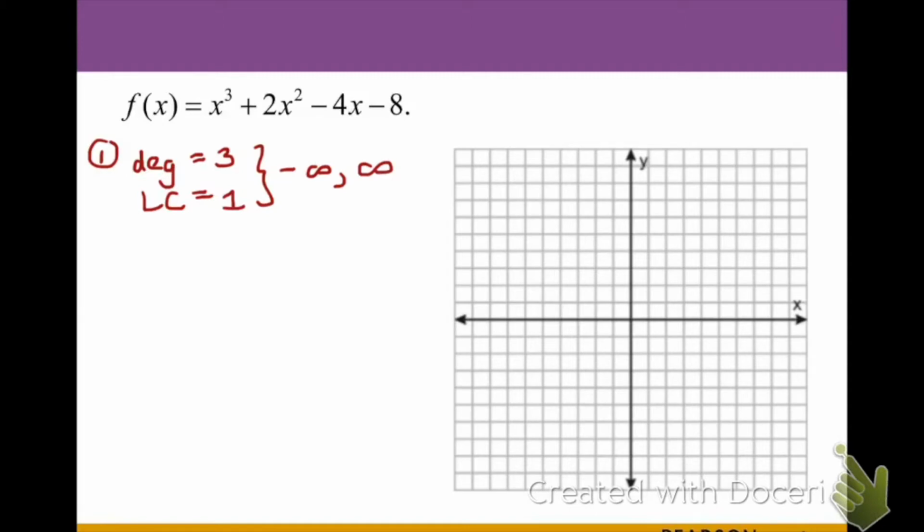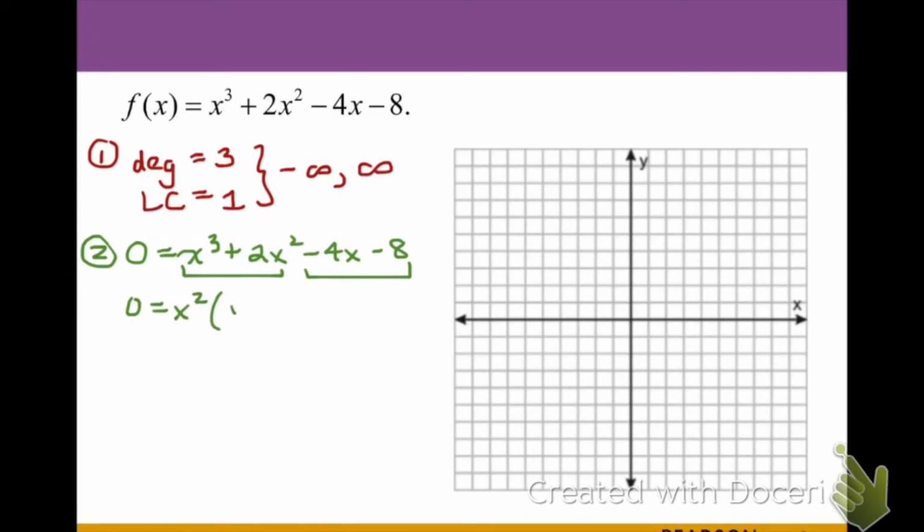The next thing we want to do is find the actual zeros. In this case, to find the zeros, we're going to set the polynomial equal to 0, and then we can solve the polynomial by using factoring. Since we have 4 terms, we can use grouping. So in the first 2, we can take out an x squared, leaving us with an x plus 2. And then on the second 2, we can take out a negative 4, leaving us with an x, oh, I made a mistake there.